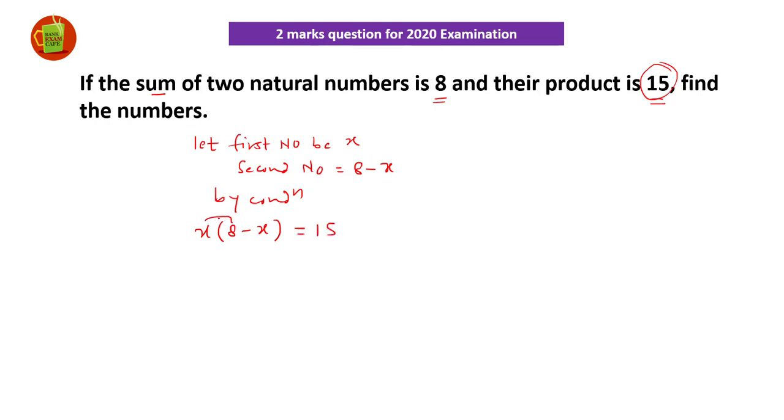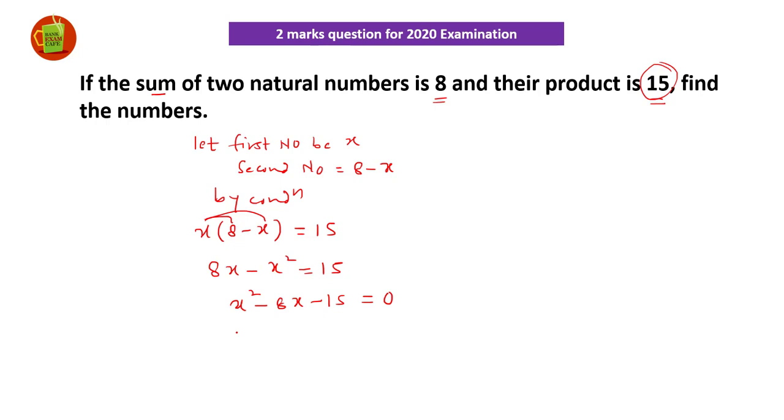So multiply by x inside the bracket. So it will be 8x minus x square, which is equal to 15. So this can be written as x square minus 8x plus 15, which is equal to 0. Solve this equation by splitting the middle term.